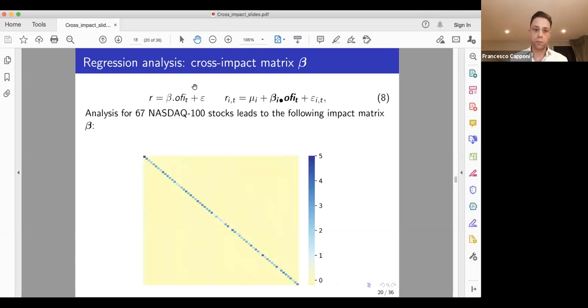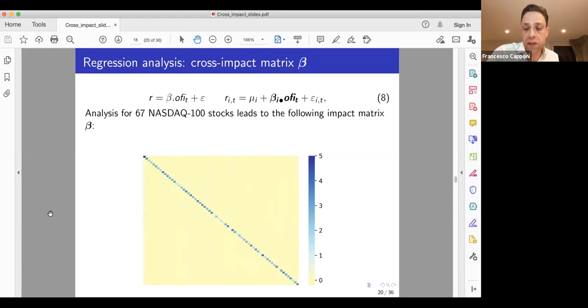To test a bit more formally whether or not we need a multivariate market impact model, we use two approaches. Initially we just ran a regression where the return of a stock is regressed against all the order flow imbalances of its own and all the other stocks, all the remaining 66 stocks. And this heat map below just shows the beta coefficients.